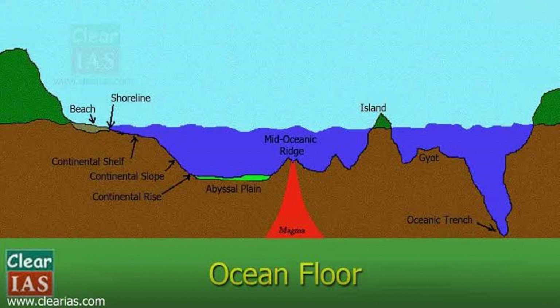As you have already learned in class, we do not have a separate landmass and a water mass. The land continues under the water and forms different features. This land which continues under the water is the submarine relief that we are discussing right now.